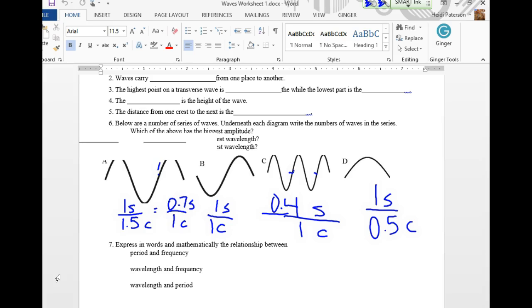So how much time is it going to take for one complete cycle? 2 seconds. So this is 2 seconds for one cycle.